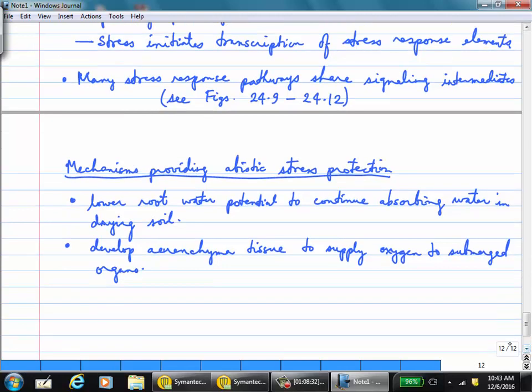Then if you're faced with oxidative stress, you have reactive oxygen species that can be detoxified through scavenging mechanisms. So you have to send in something that is going to eat up reactive oxygen species.